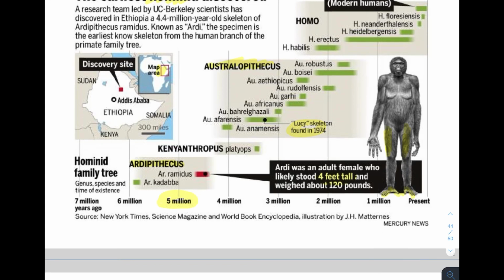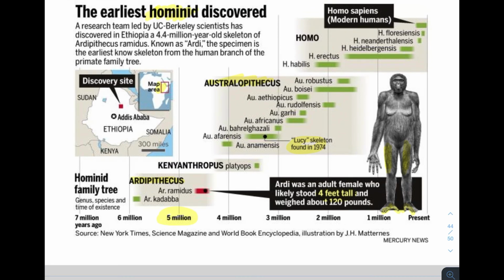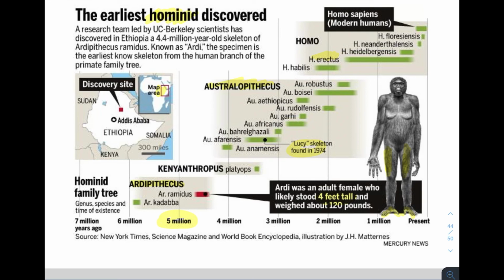So these are not as large as modern-day hominids. Later on, and we're going to see this in a few slides, we get to Homo erectus, some of the more famous types, Homo neanderthalis, and even smaller ones, Homo floresiensis, which is like the hobbits that have been found as well in the Asian Pacific Islands.